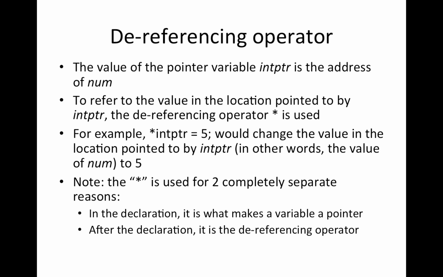And since intptr is pointing to the location of num, what we're actually doing is changing the value of the variable num to be 5. It should be noted that the asterisk in front of the pointer variable name is used for two completely different reasons. In the declaration, it is what makes the variable a pointer to begin with. After the variable has been declared, it is the dereferencing operator. It means the value in the location pointed to by the pointer variable.